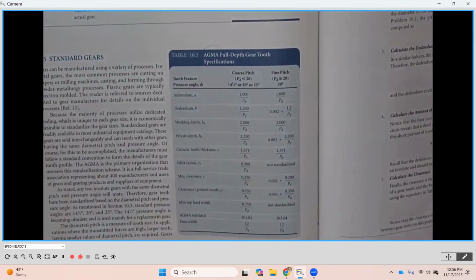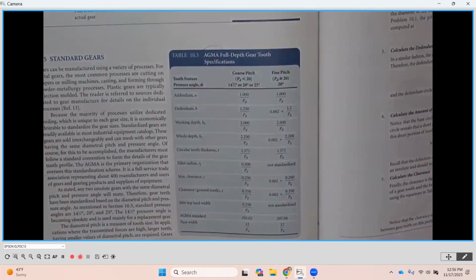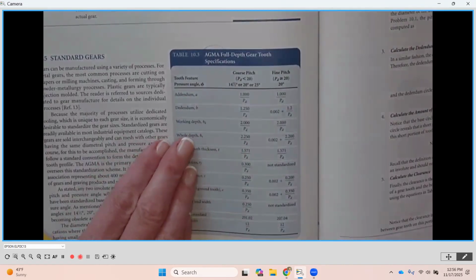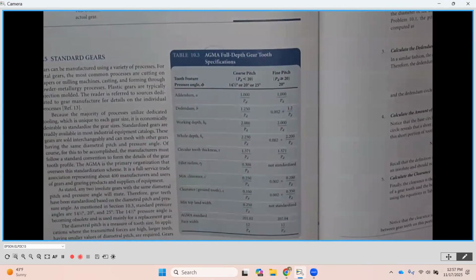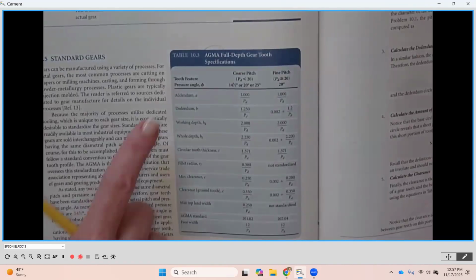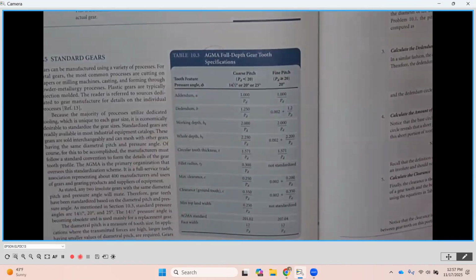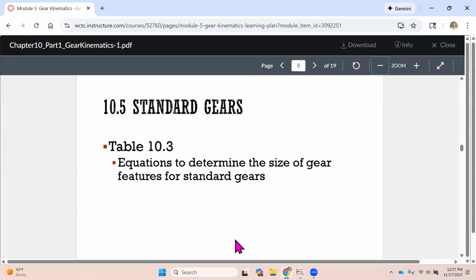We don't go through and generate the tooth profile because CAD software does it for us, and you don't have to manually draw them. But know that these are the physical sizes and the physical dimensions based on the diametral pitch for each one of these characteristics of the profile of a gear tooth. So that chart is there for you.